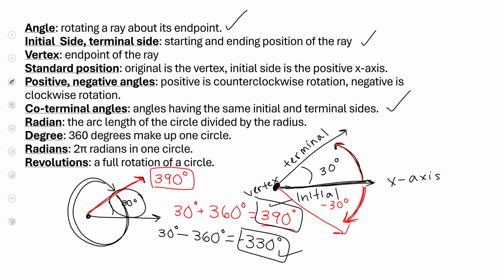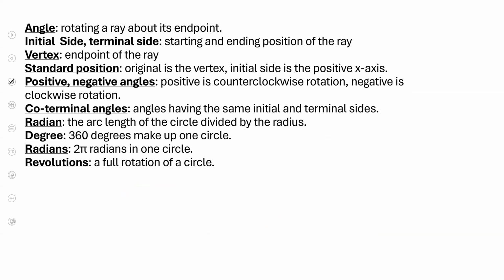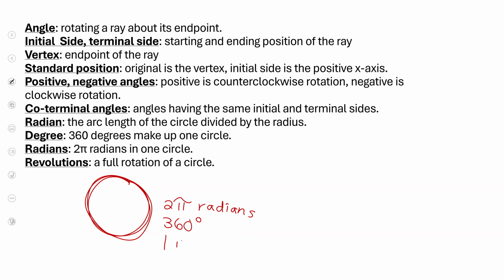Okay, now that we talked about all of these, let's talk about radians. This is how you measure a circle. So a full circle is 2 pi radians. A full circle can also be 360 degrees. A full circle is also called 1 revolution.